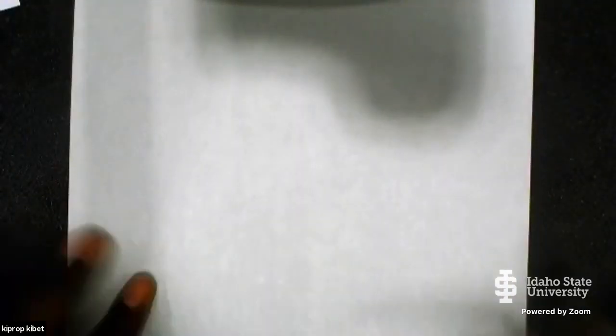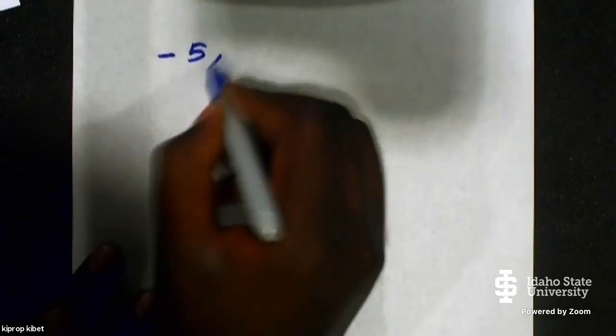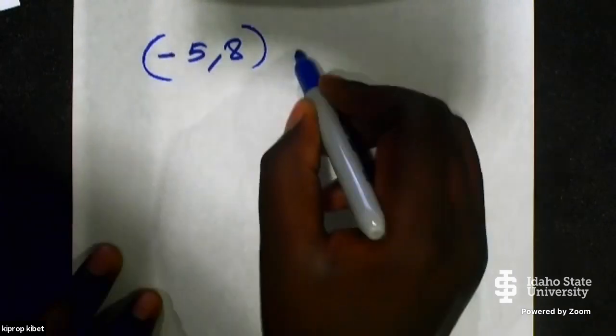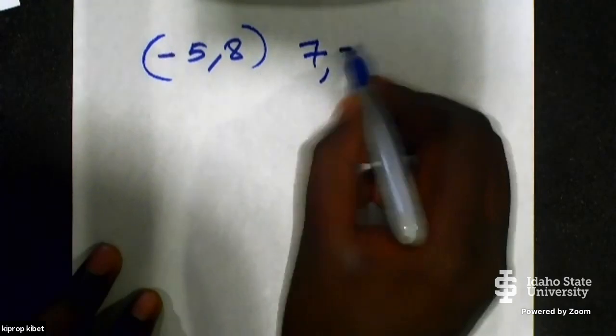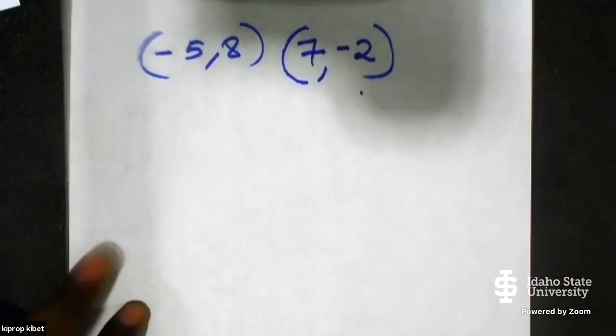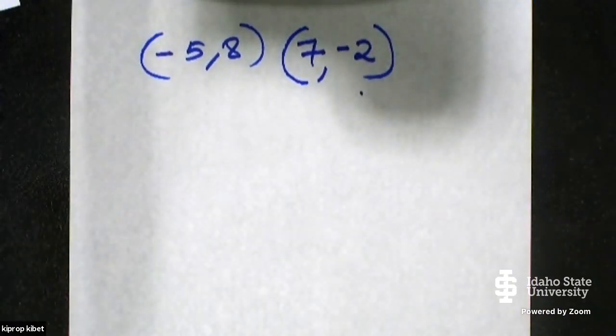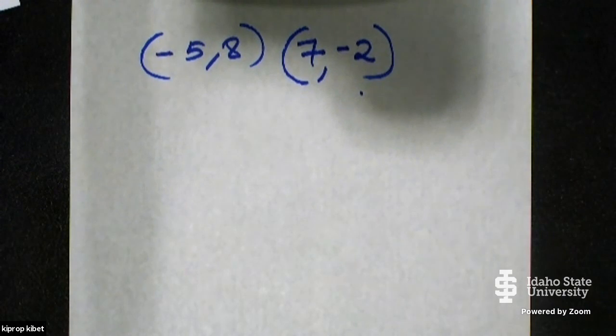So you can be given another point here. Find the equation of the line that contains the points (minus 5, 8) and (7, minus 2). So you're given the points, then you're told to find the equation of the line.